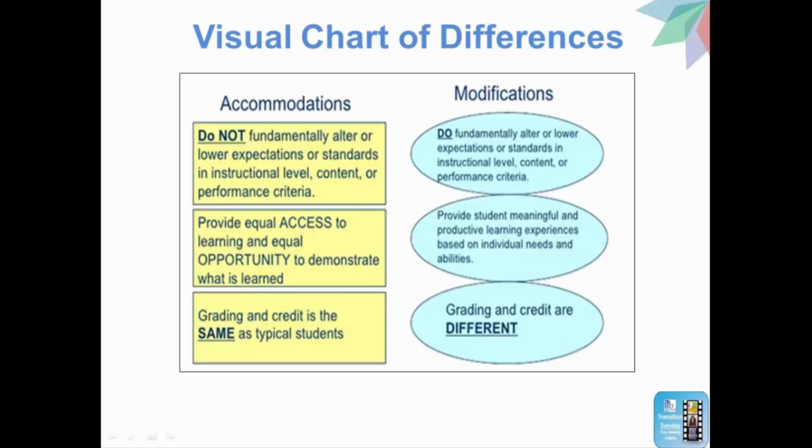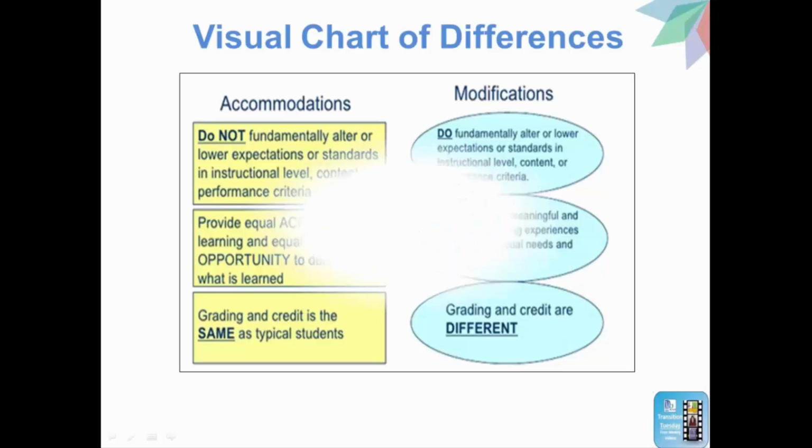Accommodations do provide equal access to learning and equal opportunity to demonstrate what is learned. Modifications provide students meaningful and productive learning experiences based on individual needs and abilities. In accommodations, the grading and credit is the same as typical students, where in modifications the grading and credit are different and based on the student's needs and abilities.